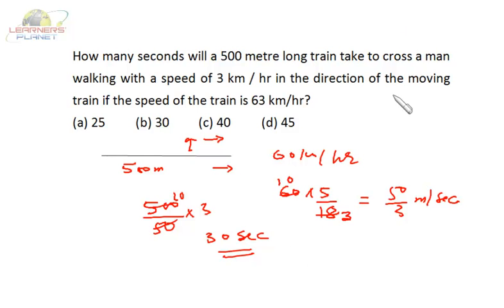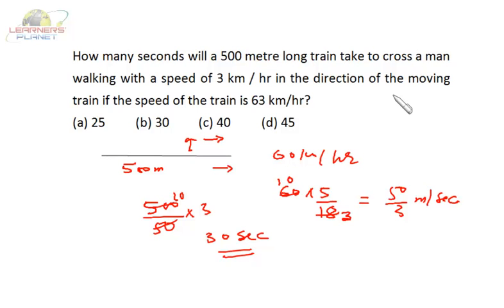Friends, there are two types of cases when a train is crossing a moving body. In one case, the person is going in the same direction as the train, and in the other the person or the moving body is going in the opposite direction with respect to the train. In both cases we have to consider the speed of that moving body also, because if the train and the person are going in the same direction, the train will take more time to cross that moving body.